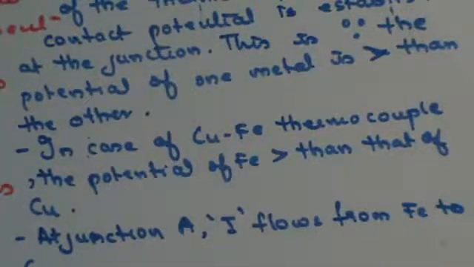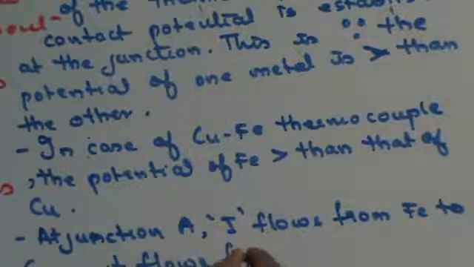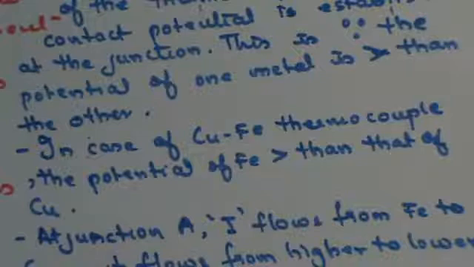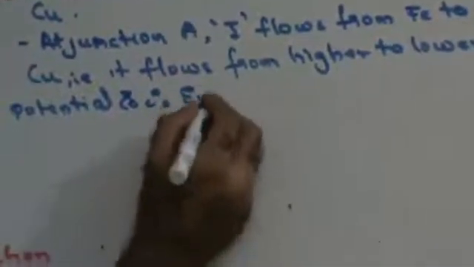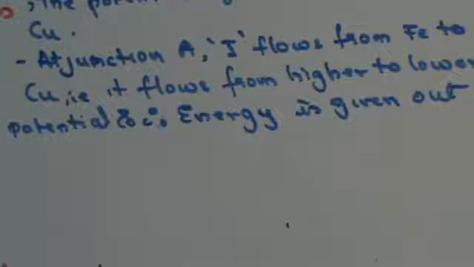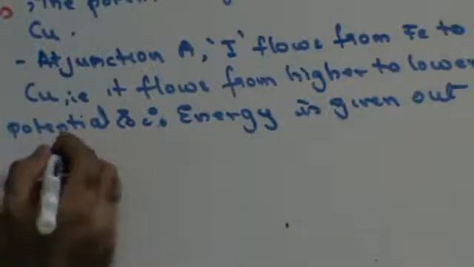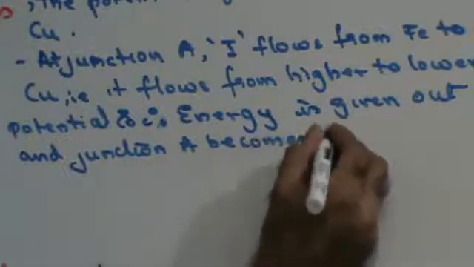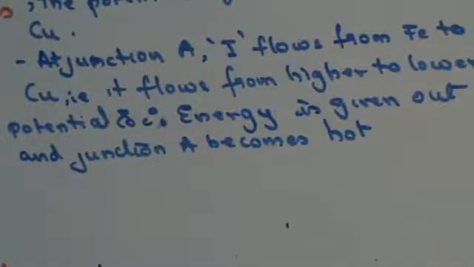That means it is going to flow from a higher potential to a lower potential, and therefore energy is given out. Now, as energy is given out, that is evolved at this junction, and therefore junction A becomes hot. That is the reason why junction A would become hot.